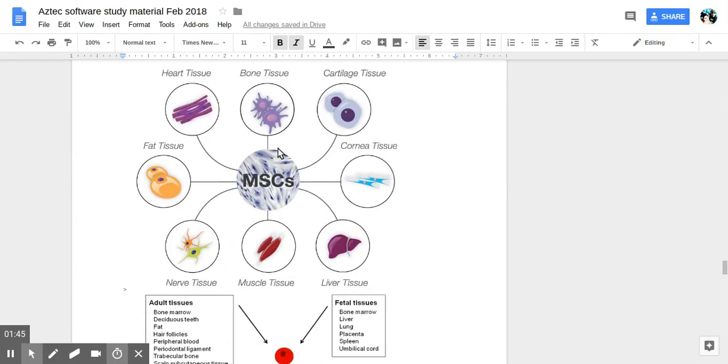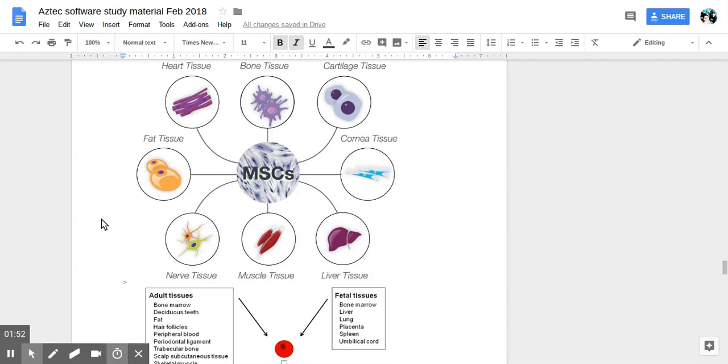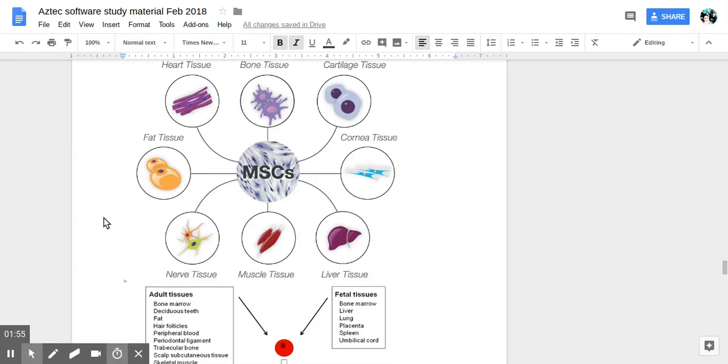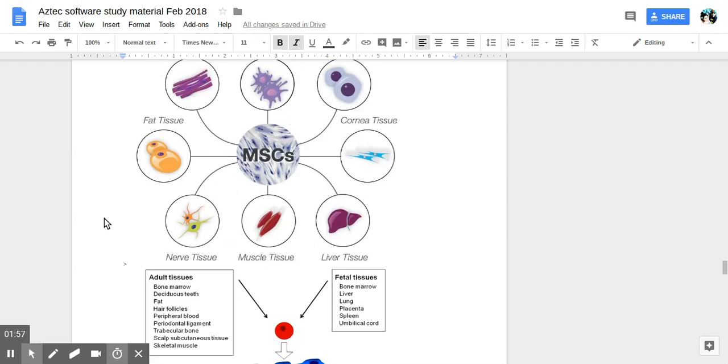Each cell is different based on their different purposes and functions. They have different shapes, etc. It says here that in adult tissues, the MSC differentiates into bone marrow, deciduous teeth, fat, hair follicles, peripheral blood, periodontal ligaments, trabecular bone, scalp, subcutaneous tissue, and skeletal muscle.